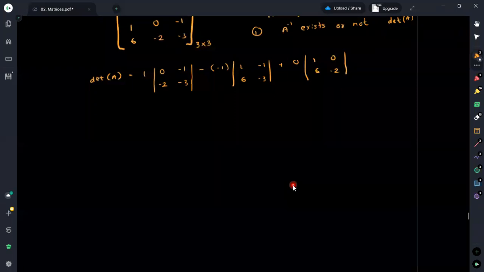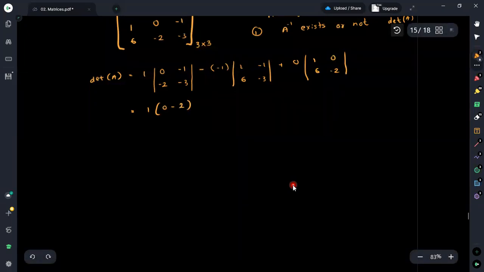What we need to do is, here it is quite like obtaining the determinant of a 2 by 2 matrix. Therefore, we get this as 1 times 0 times minus 3, 0 minus minus 2 times minus 1, which gives the value as plus 2. Then here this becomes minus with minus, it is plus.